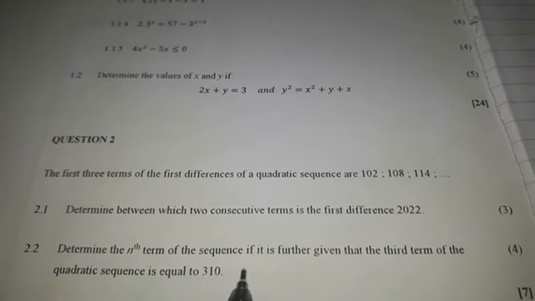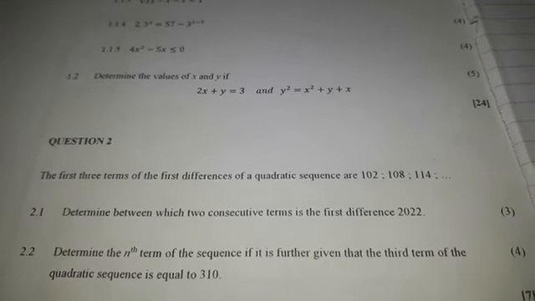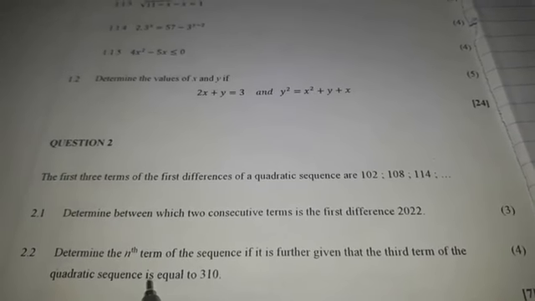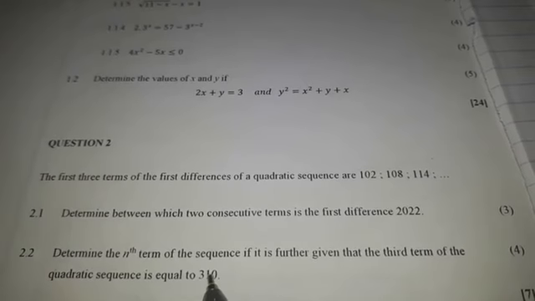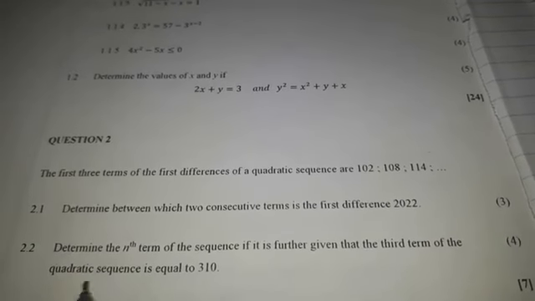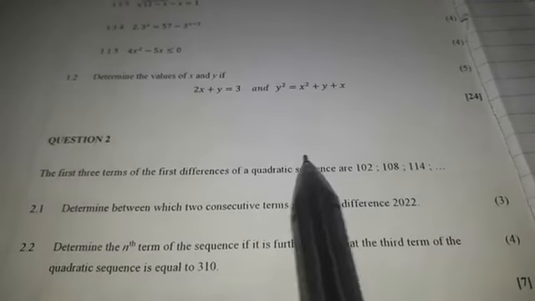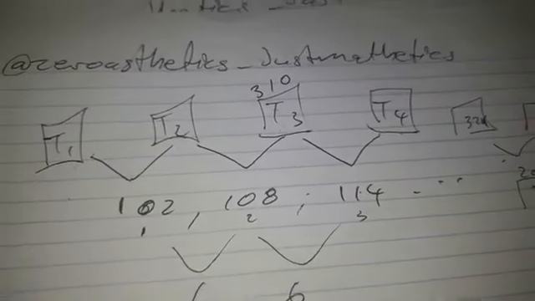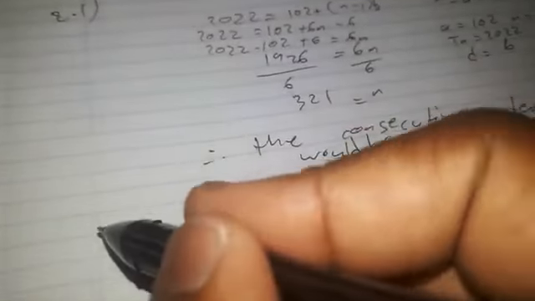Determine the nth term of the sequence if it is further given that the third term of the quadratic sequence is 310. So we need to get the general term of the quadratic sequence. So this is the first differences of our quadratic sequence. They want us to find the actual sequence now.